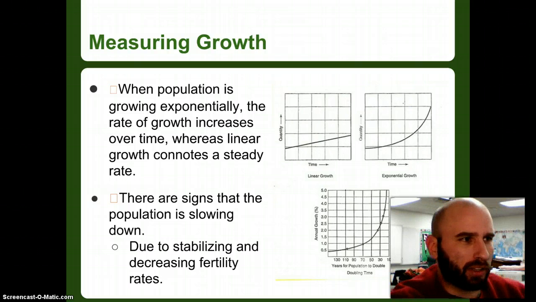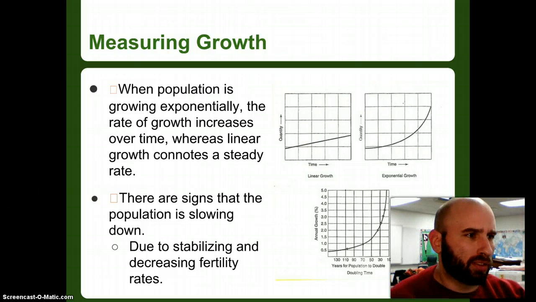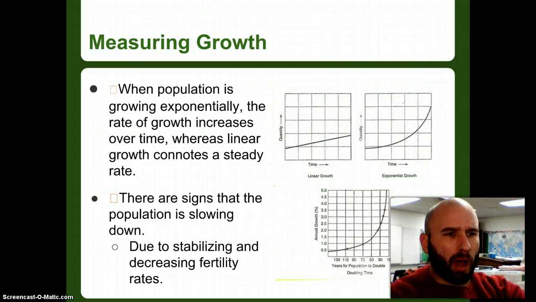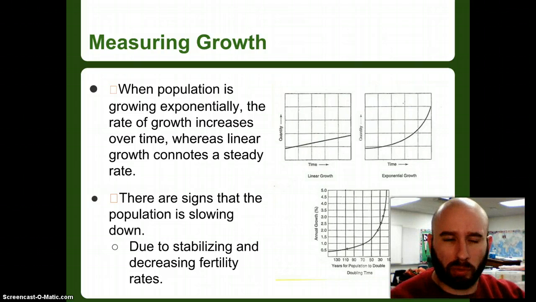All right, so let's take a look here at the PowerPoint, ladies and gentlemen. As we examine population, you can see that there are two different types of study when we talk about growth in general.